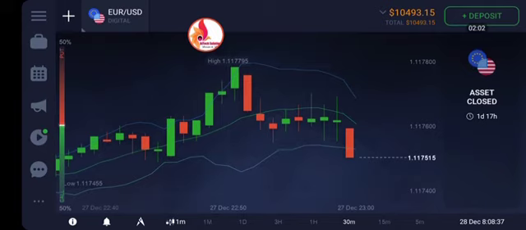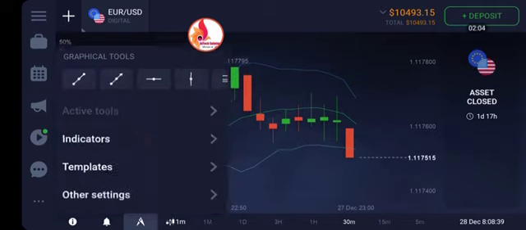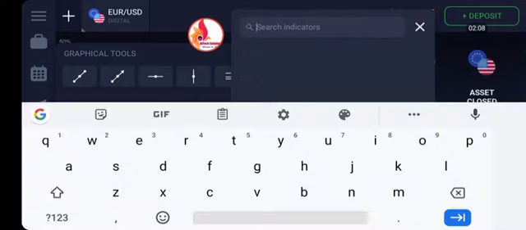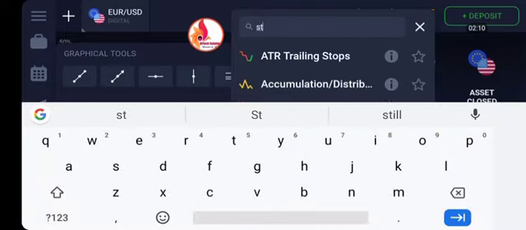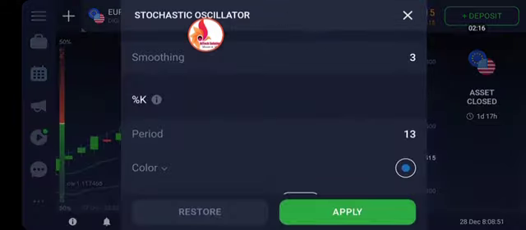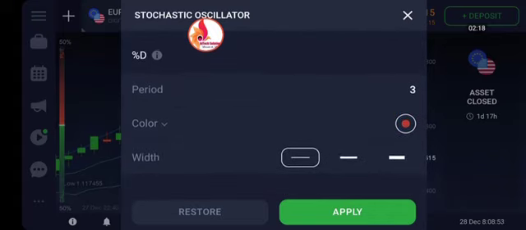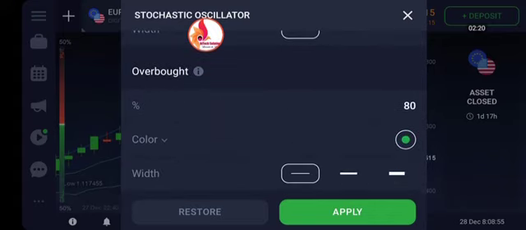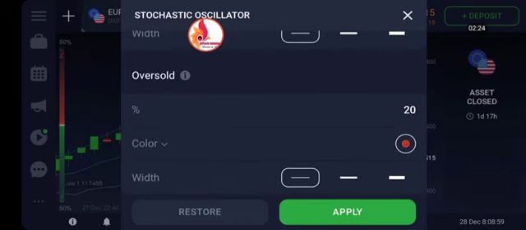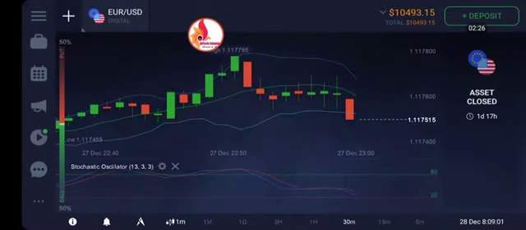Then the next thing we want to add is the stochastic oscillator. Very important. All we need to change here is to make sure the overbought is 80 and oversold is 20. Okay, it's okay. Just say okay. Don't change anything.